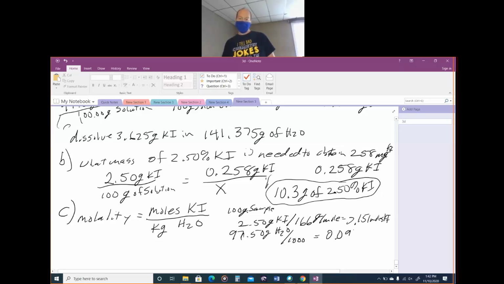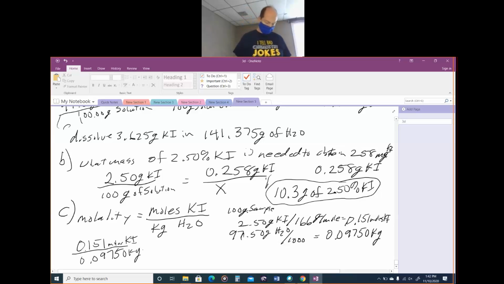It's 0.09750 kilograms. So now you've got your 0.151 moles KI. Now you have your kilograms of water, 0.09750 kilograms. You divide those two things, and to 3 sig figs, you get 0.154 molal.